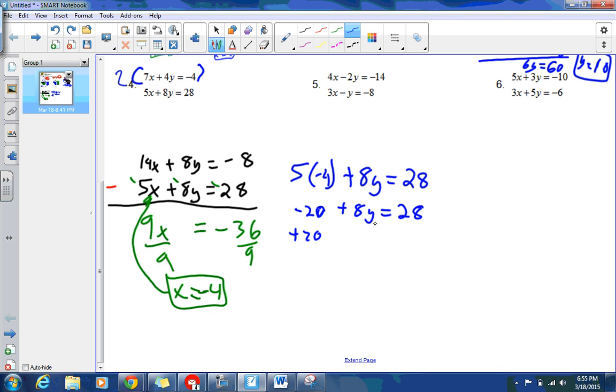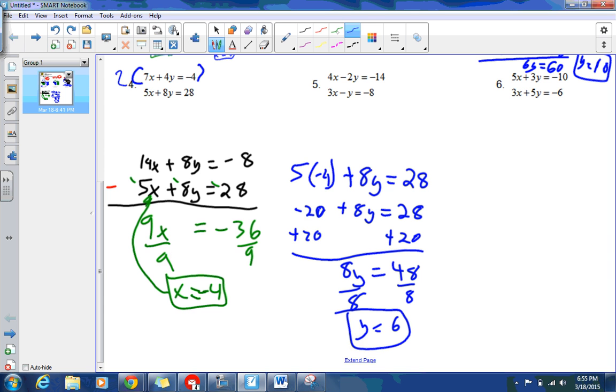Adding 20 to both sides, you end up with 8y equals 48. And y should be equal to 6. So our solution here, way back at the top, would end up being -4, 6.